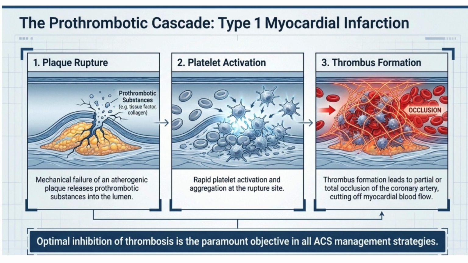They release structural granules packed with ADP and thromboxane A2, recruiting more platelets to the area. This creates a compounding wave of rapid platelet activation and aggregation directly at the rupture site, building a microscopic cellular plug.